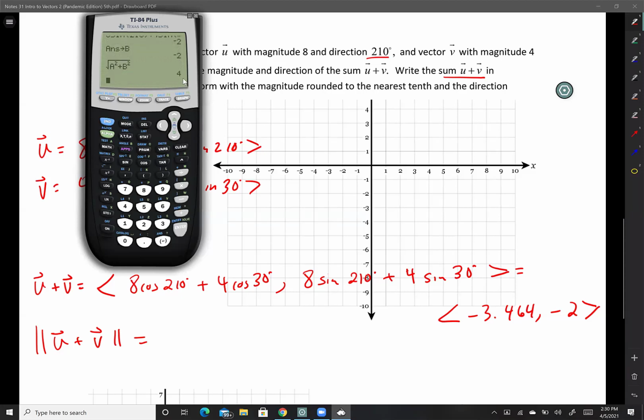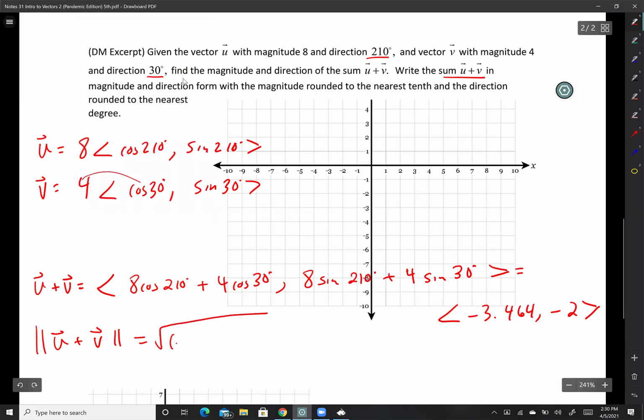And look at that. I get a perfect number, a perfect 4. If you were to do square root of negative 3.464 squared plus negative 2 squared, you might get close to 4. It might say 3.99 because you're rounding, unless you use the numbers in the calculator exactly.